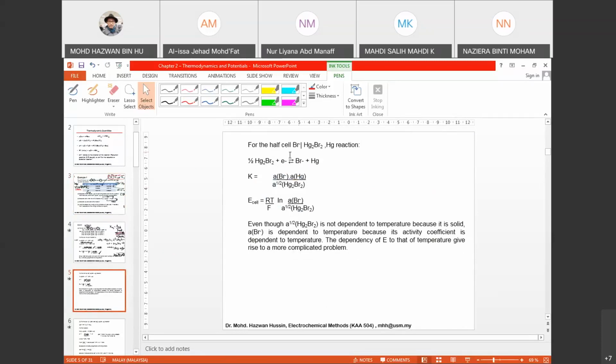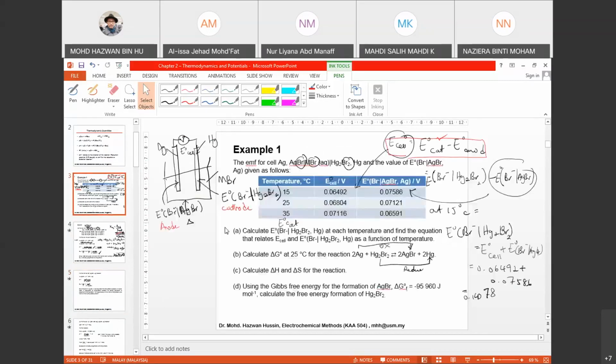So for the cathode, this is actually the half equation. You can write it in the form of K, and then you can substitute. Even though this one is not dependent on temperature because it is solid, the activity of Br minus is dependent on the temperature because its activity coefficient is dependent on temperature. The dependency of potential on temperature gives rise to a more complicated problem.